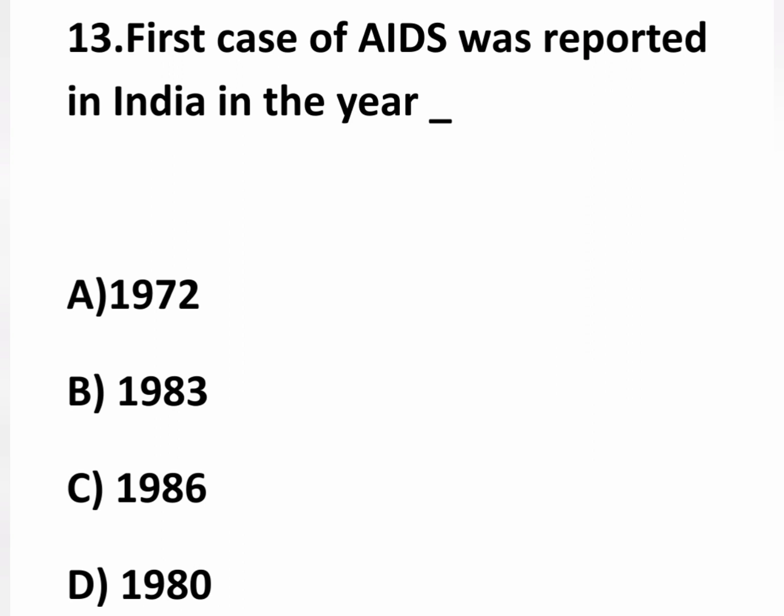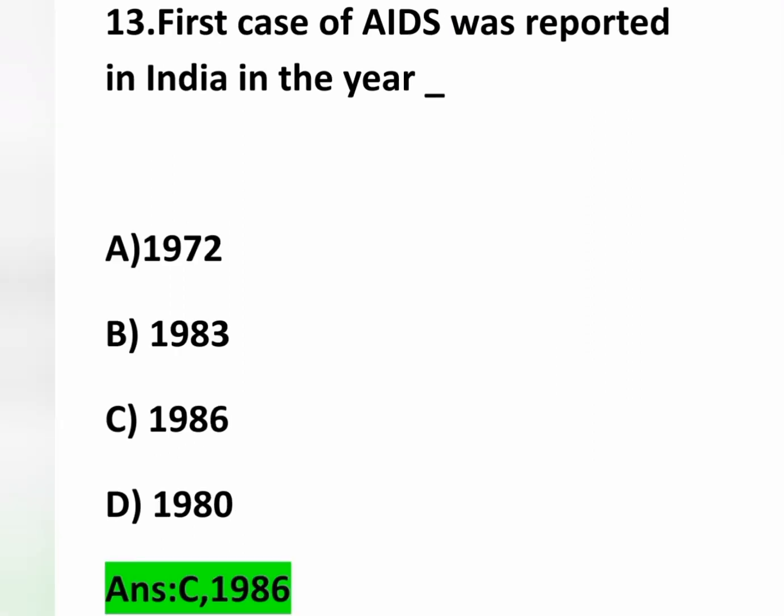First case of AIDS was reported in India in the year. Option A 1972, option B 1983, option C 1986 and option D 1980. The correct answer is option C, 1986.